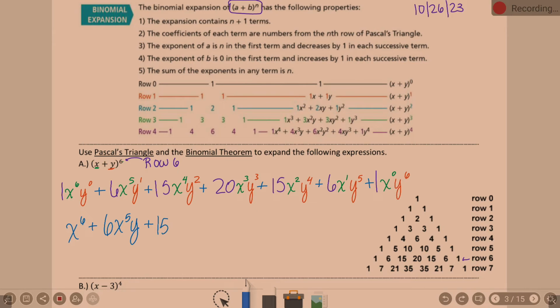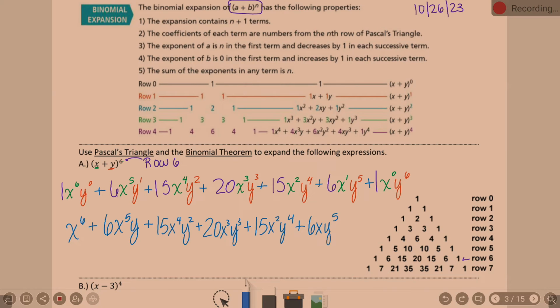These next few you just write as is, plus 15x to the 4th, y to the 2nd, plus 20x to the 3rd, y to the 3rd, plus 15, x to the 2nd, y to the 4th, plus 6x, y to the 5th.